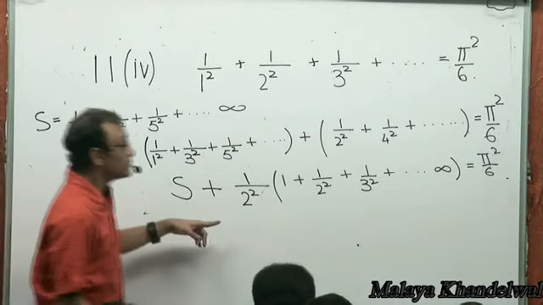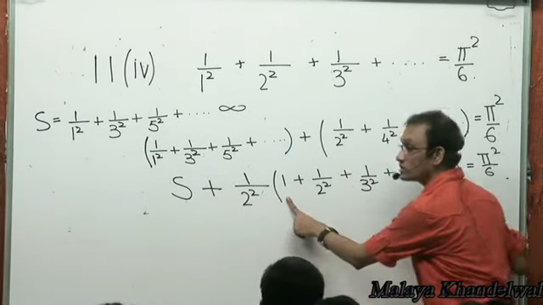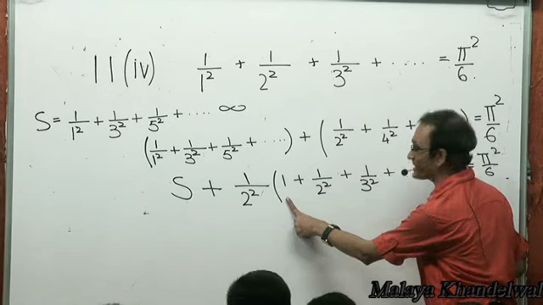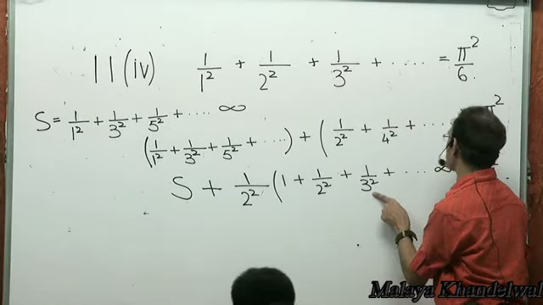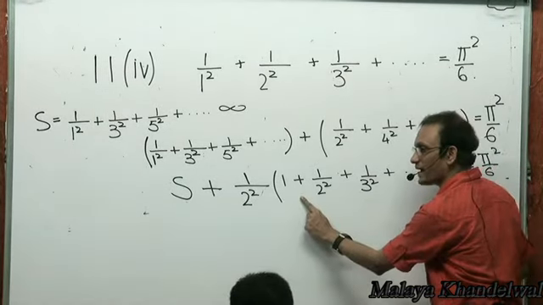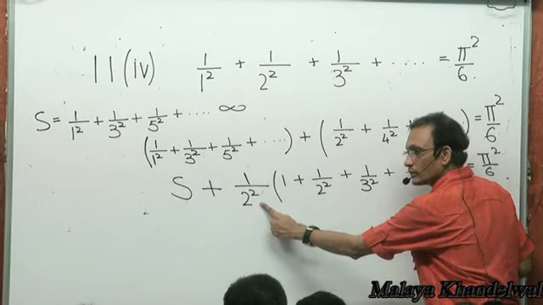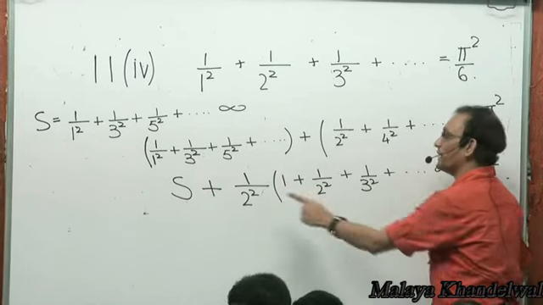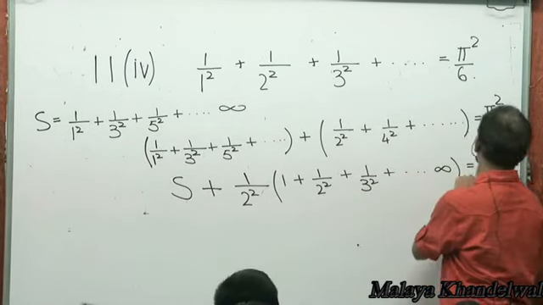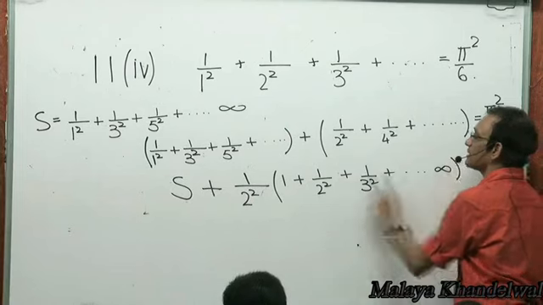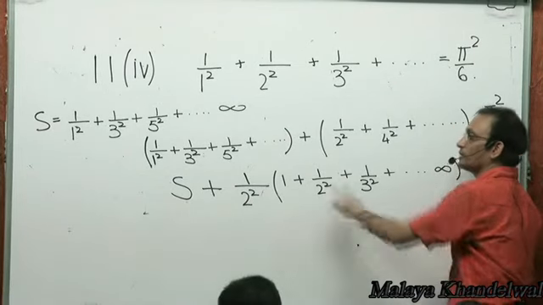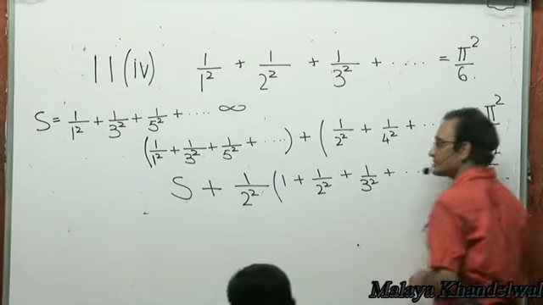But this is the original mother sequence, which is pi squared by 6. Yes or no? 1 plus 1 by 2 squared plus 1 by 3 squared up to infinity is pi squared by 6. So this will become pi squared by 24. And if this becomes pi squared by 24, then we have pi squared by 6 minus pi squared by 24. That's going to be S, right?